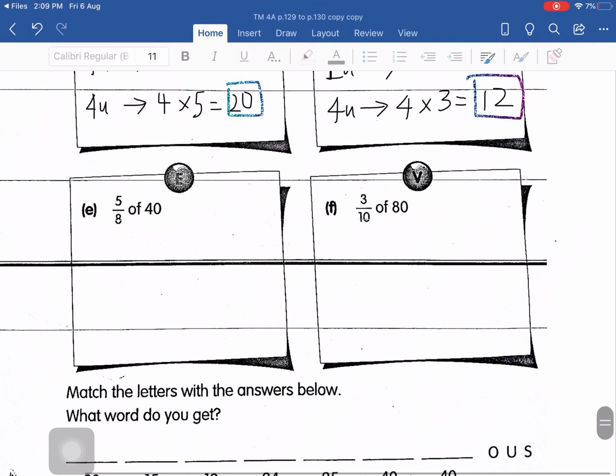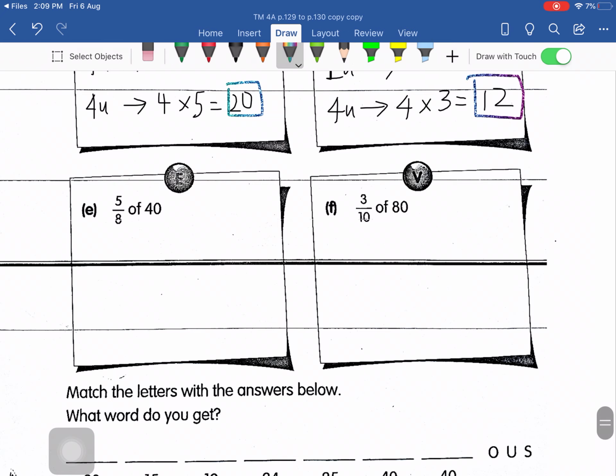Question E, 5/8 of 40. So we can see that there are a total number of items 40, and the total number of items is split equally into 8 units, or 8 groups. So 8 units represents the 40 items. To find the number of items in one group, we split 40 into 8 groups.